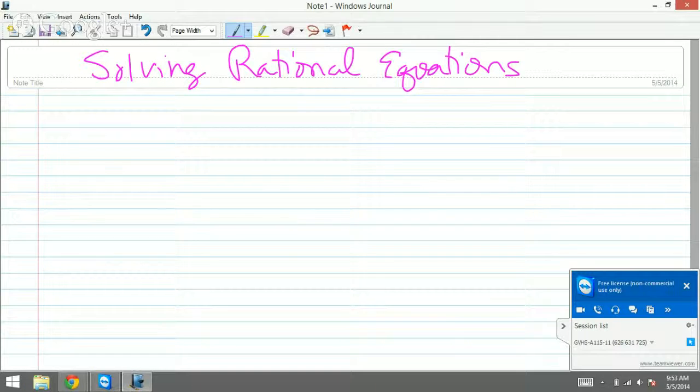If you were good at adding and subtracting rational expressions, you'll be good at this. Okay? You have to find common denominators. That's about as straightforward as it gets.